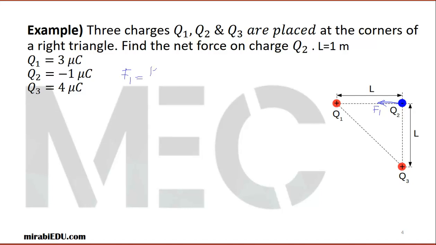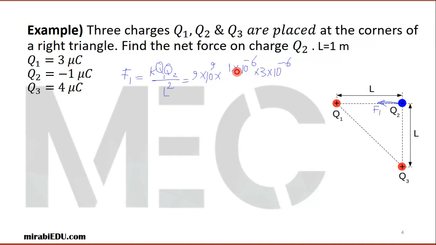F1 is K Q1 Q2 over L squared. So K is a constant, 9 times 10 to the 9, and then the magnitude of Q1 is 3 microcoulomb times 1 microcoulomb here.